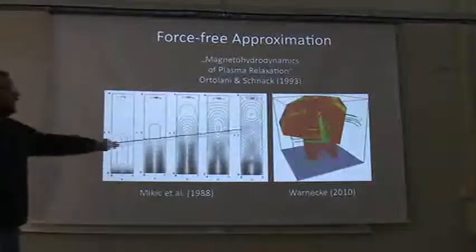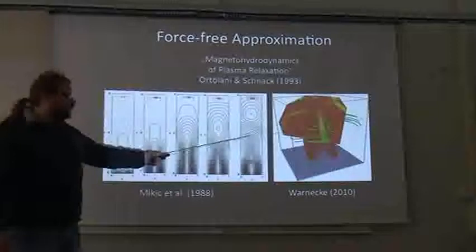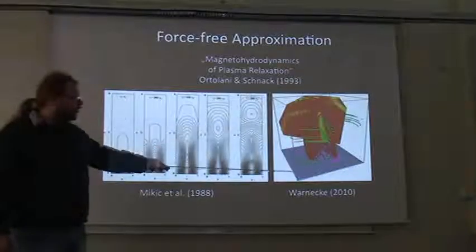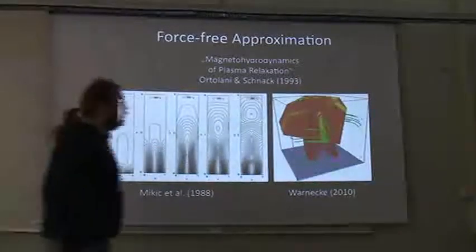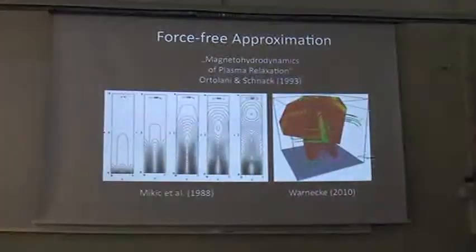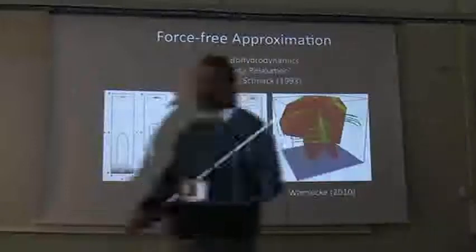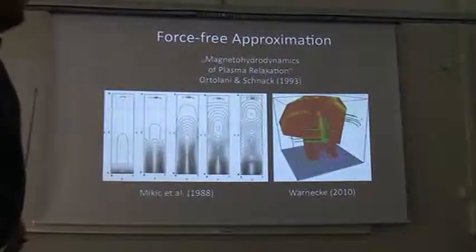Here you can see they also use a force-free approximation for the corona, and the red curve is the magnetic field lines, so you get some kind of shape as in the corona, and so you can use the force-free approximation for our model.